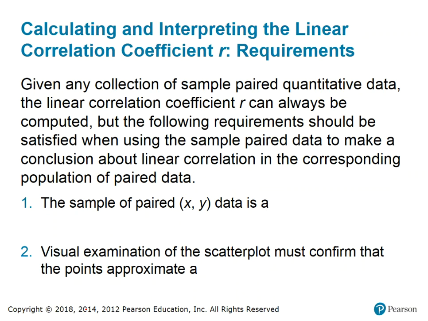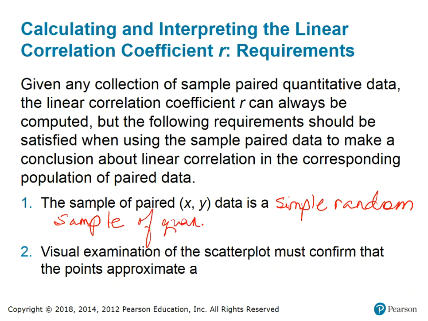So just like any other test that we run, we have to check for requirements. The sample is paired data, so now we do have two sets of data that we are comparing, and we have to, just like normal, make sure we have a simple random sample. The other thing we have to think about, maybe a term we haven't said a lot lately, is that we do have to make sure it is quantitative data.